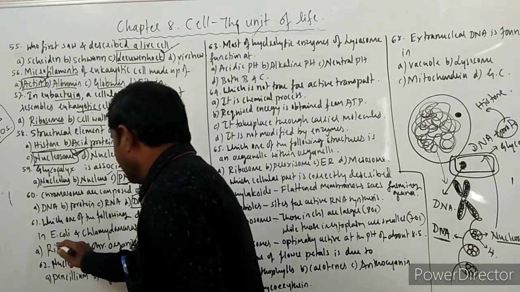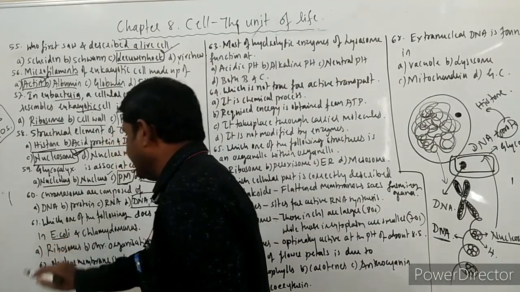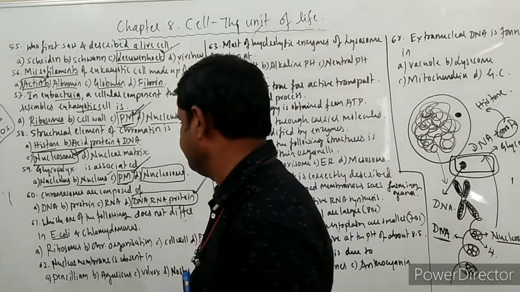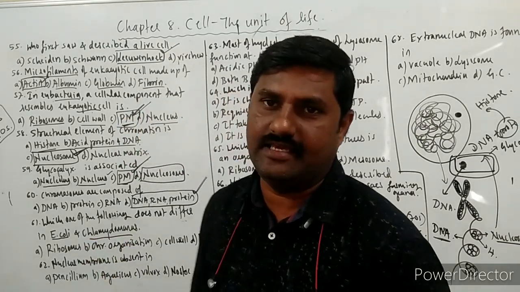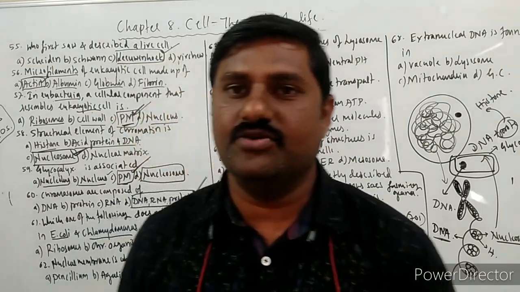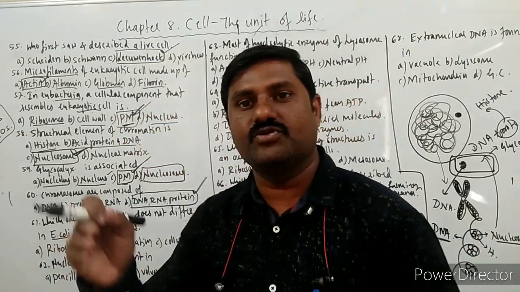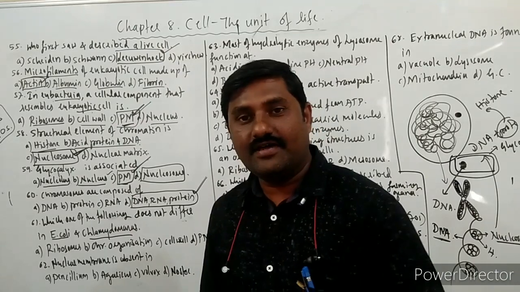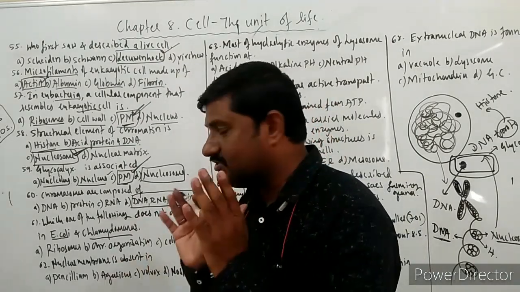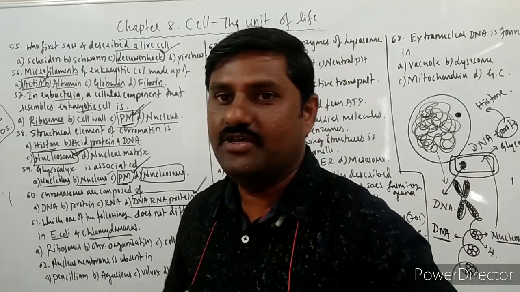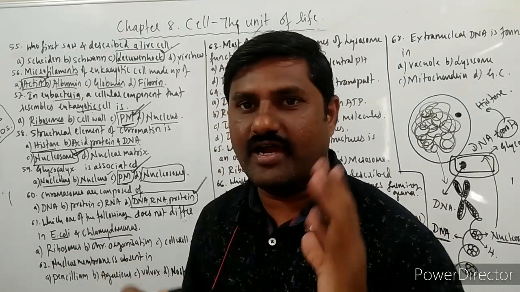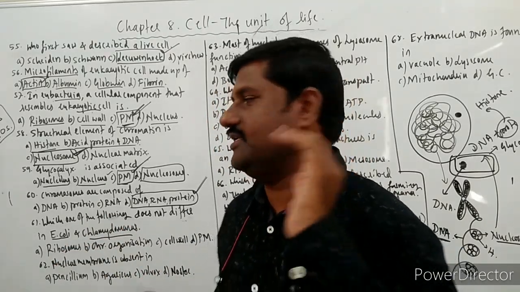Chlamydomonas is a unicellular alga, which itself is a eukaryotic cell. So in this question, he is going to focus once again on the difference between prokaryotic cell and eukaryotic cell. We'll have to identify the correct option.